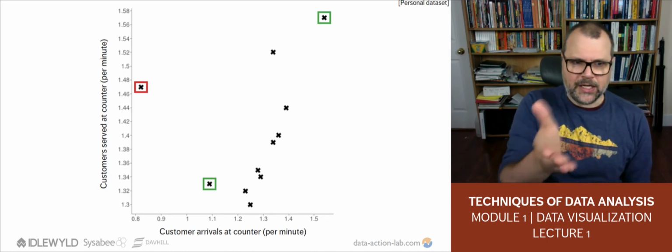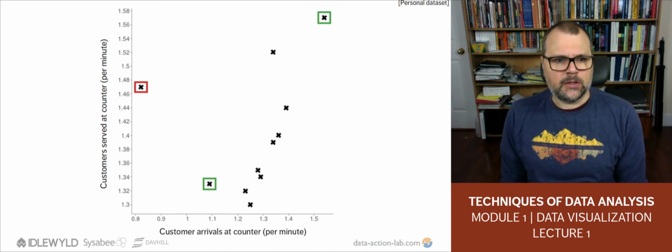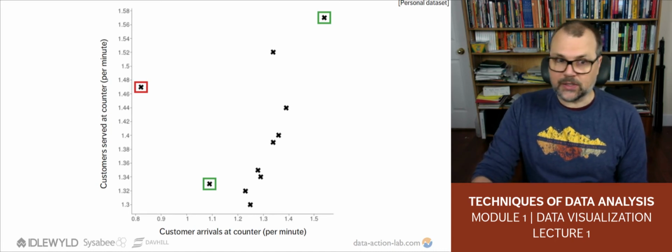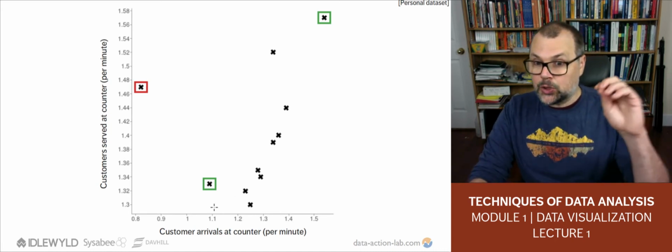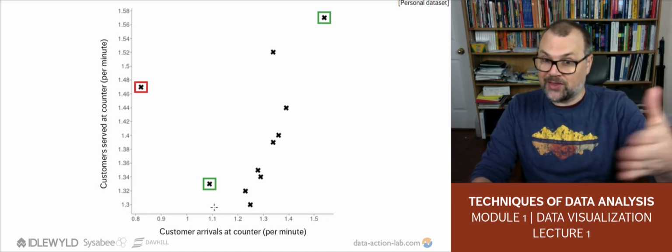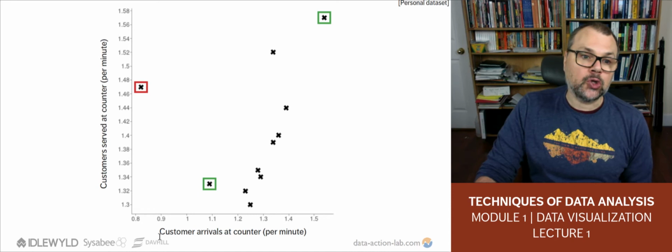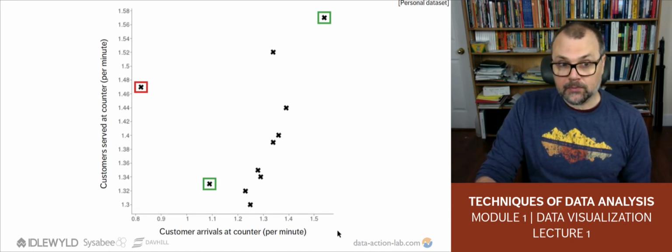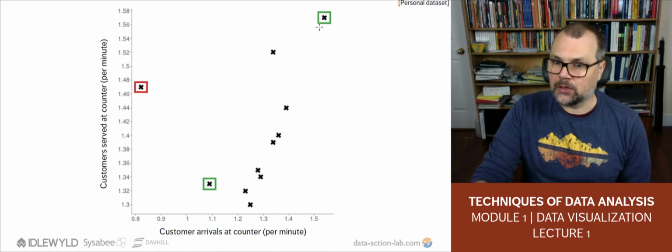And this is the relationship between the arrival rates and the service rates. If you were to describe this chart in one word, give me a label or description of what this chart is showing, you might conclude that, well, the more people arrive, the higher the arrival rate, the higher the service rate.